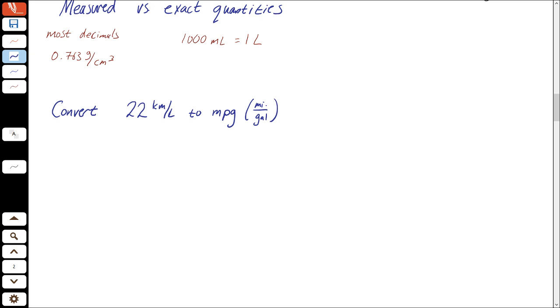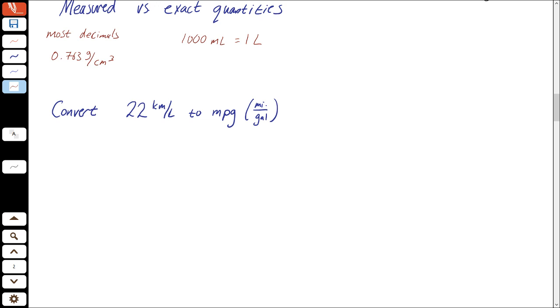Convert 22 kilometers per liter to miles per gallon. And I'm going to give you a number for that because I told you whenever we go between the systems, I will give you those numbers. So there are, oh, 2.54.